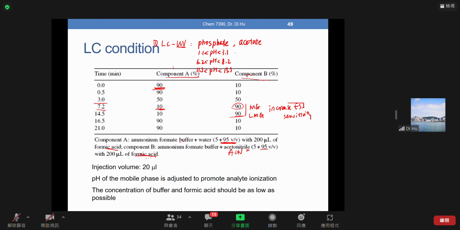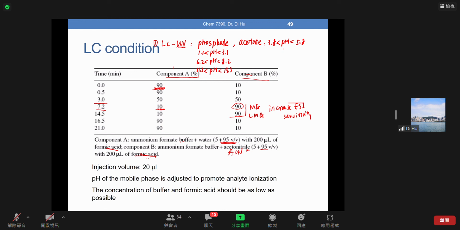So the phosphate buffer has 3 ranges. For the acetate buffer, it has the range of pH 3.8 to 5.8. Okay, so for UV visible, the phosphate buffer and also the acetate buffer are more popular.